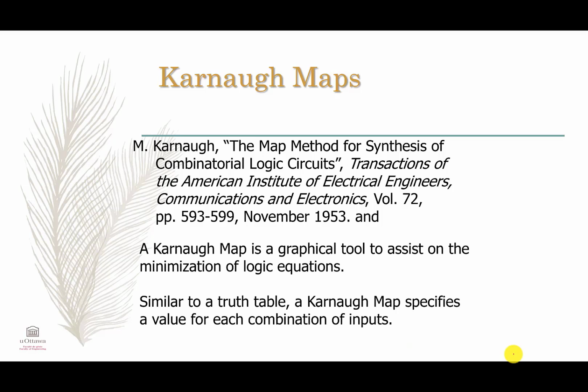An American physicist, who was, by the way, working here in Canada at Bell Labs, came up with an article in which he invented a graphical tool that helps you minimize any logical equation. So the Karnaugh map is basically a graphical tool used to simplify a logic equation or to convert a truth table to its corresponding logic circuit in a simple, orderly process.